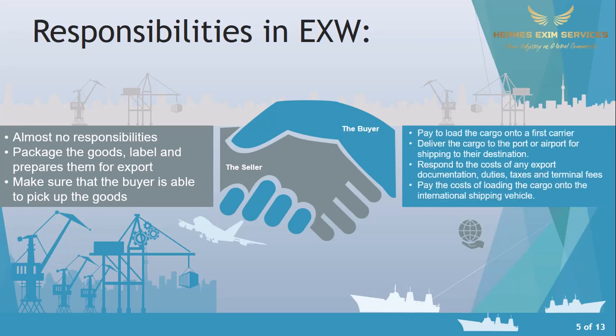The buyer has to pay to load the cargo onto a first carrier, deliver the cargo to the port or airport for shipping to their destination, respond to the costs of any export documentation, duties, taxes, and terminal fees, and pay the costs of loading the cargo onto the international shipping vehicle.